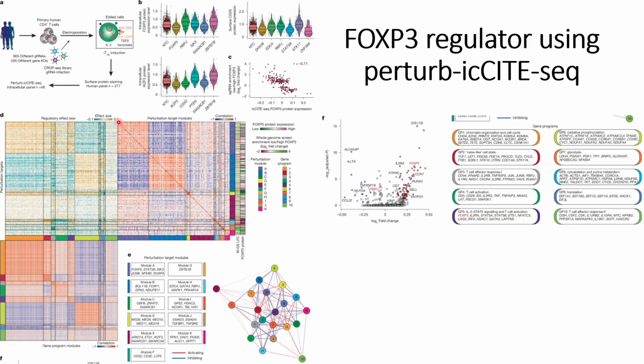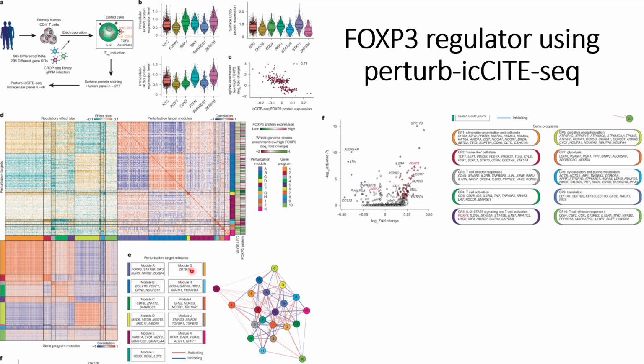We can see how the FOXP3 expression changes in this case. The analysis is shown in panel E, where we can find that different modules are regulated by different sets of genes, which they have mentioned, showing which modules are regulated by which genes.